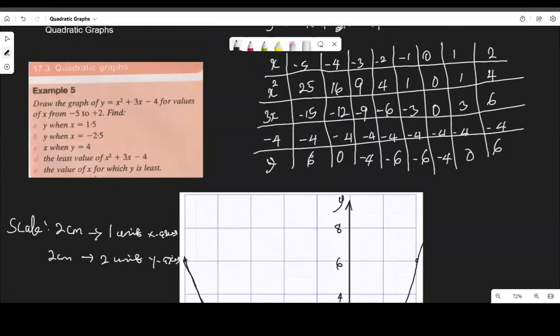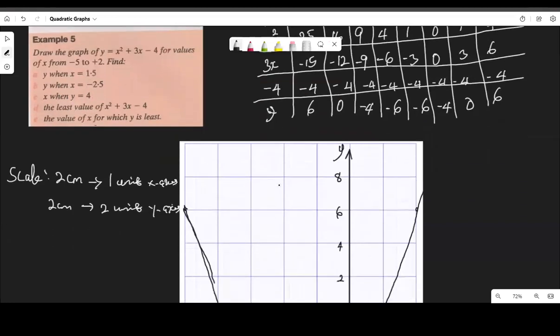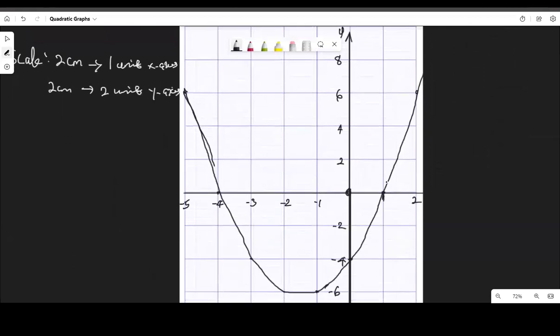Now the question says, find y when x is 1.5. This is 1 here, and 1.5 is the middle. So how can we find y? We trace it until we get to the curve. In your case, you may place a ruler so you get an accurate result. Trace it until you touch the curve.